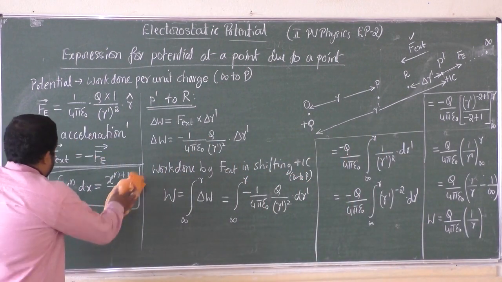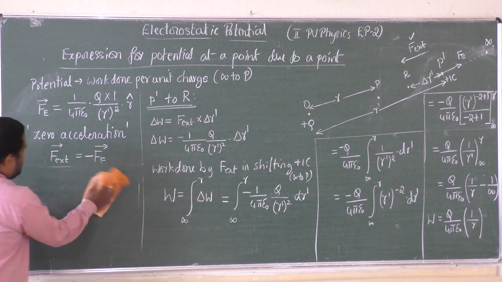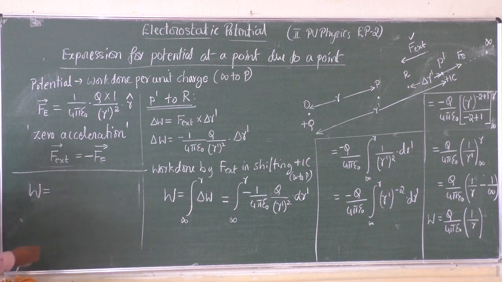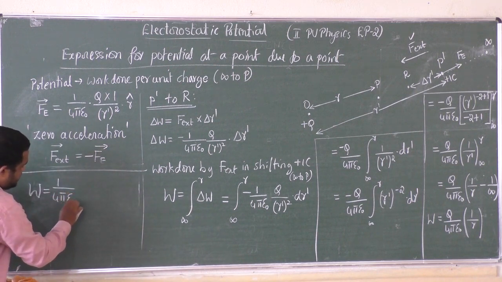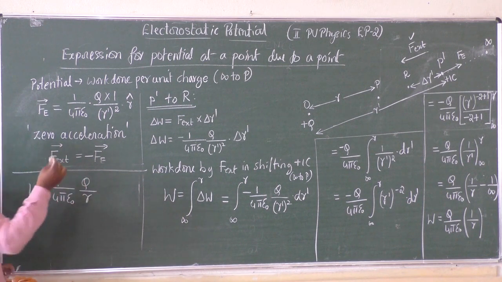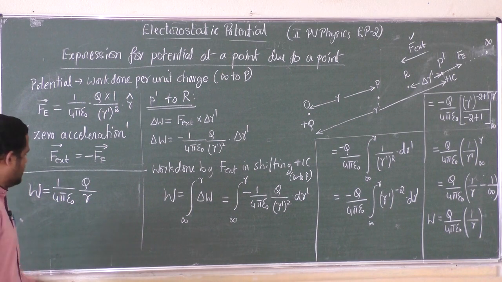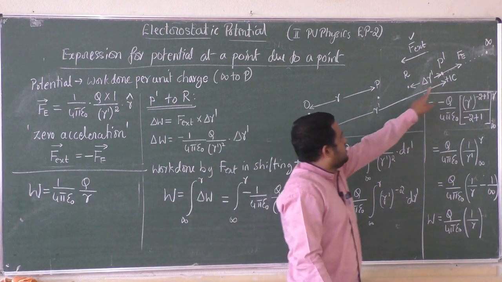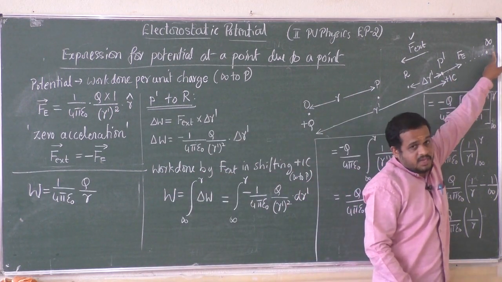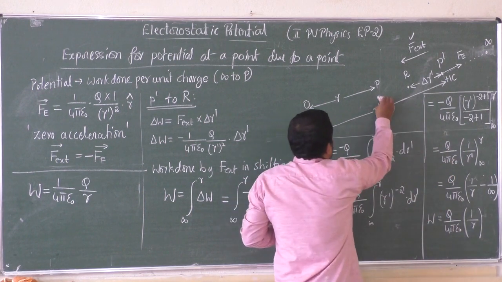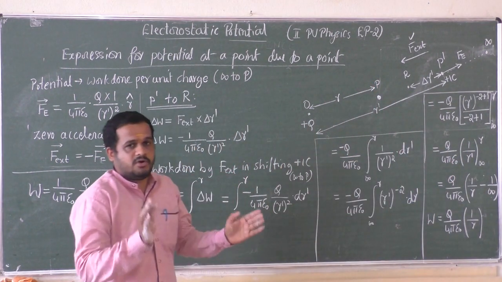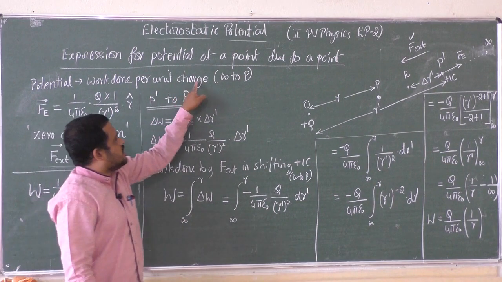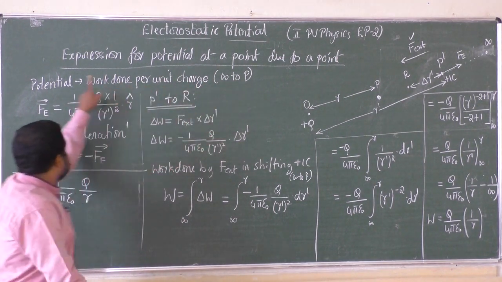I'll write here the final expression: W is equal to 1 by 4 pi epsilon naught q divided by r. Now what is this W? W is the total amount of work done in shifting this unit positive charge from infinity to point P. According to the definition of potential, work done per unit charge in bringing it from infinity to point P represents potential.